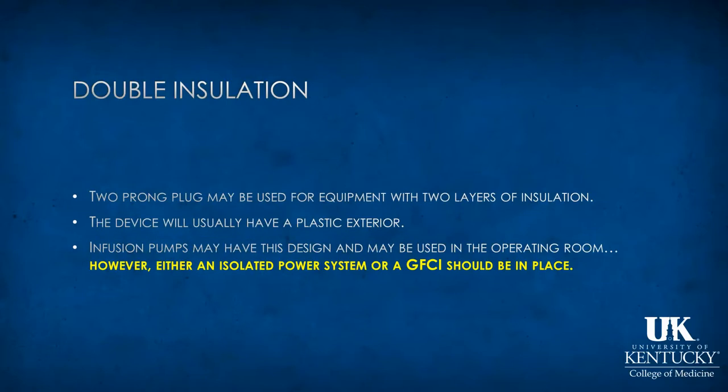Now, moving on to more terms, double insulation. Double insulation is a design of electrical equipment that usually has a plastic exterior and could be something like an infusion pump.